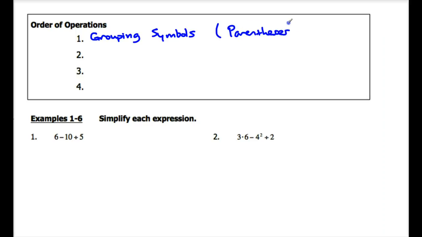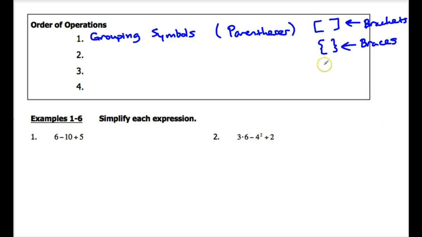But you also might see grouping symbols that look like this. Okay, so those are called brackets right there, and usually you only use those if you already have parentheses in the problem. And if you really need a third set of grouping symbols, you might see some that look like this. Those are the little squiggly marks that everyone hates to make. Those are called braces. Okay, so these would all be examples of grouping symbols.